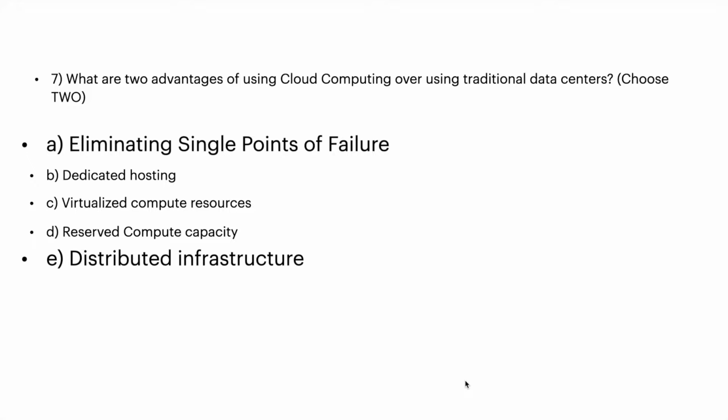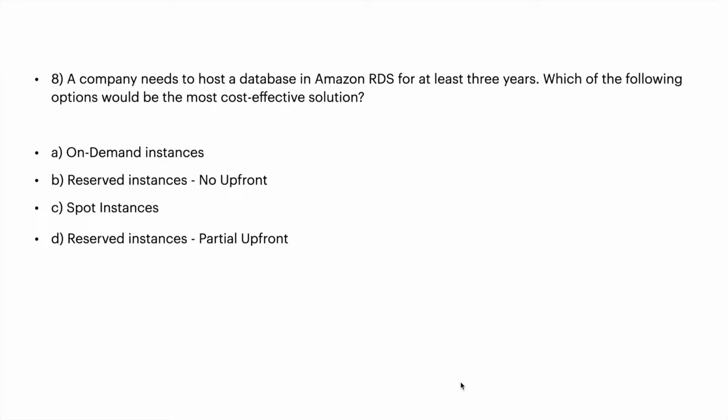A company needs to host a database in Amazon RDS for at least 3 years. Which of the following options will be the most cost-effective solution? In this question, they said that the company needs to host the database for at least 3 years.